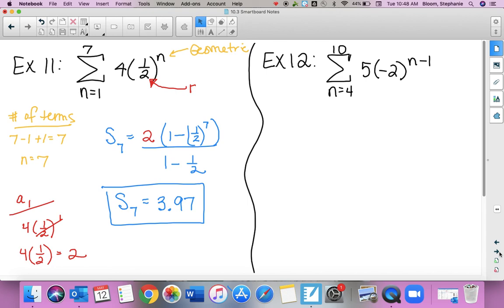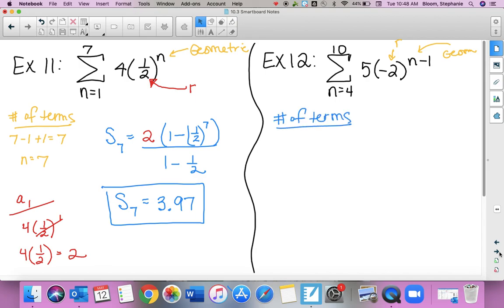Now let's try this one. Again, I know that it's geometric because there's an exponent of n, and I know this is my r. Now let's start off and find the number of terms.